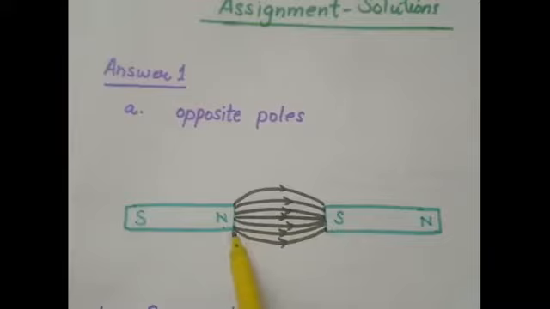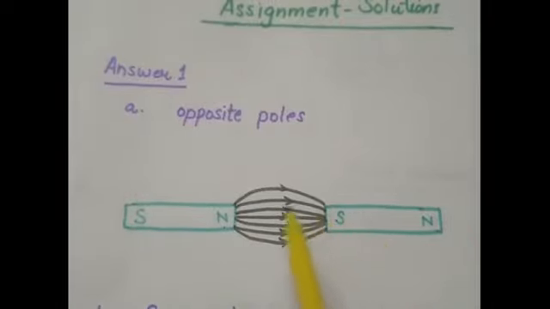As we know, unlike poles attract each other, and why is this force of attraction there? Because the magnetic field lines which emerge from the north pole go directly to the south pole of the other magnet. So this will be the magnetic field line representation when two bar magnets with opposite poles are lying collinear with each other.